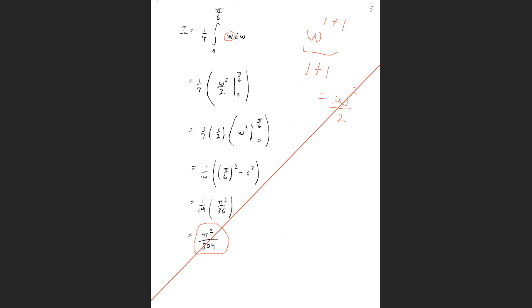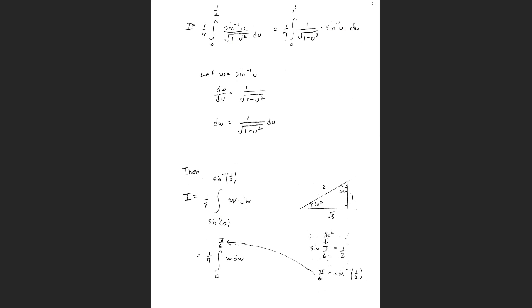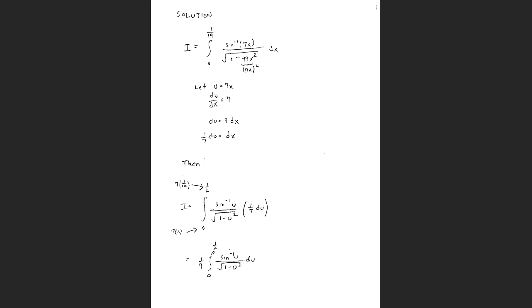Well, Franklin, going back here, 49x squared is just 7x quantity squared.